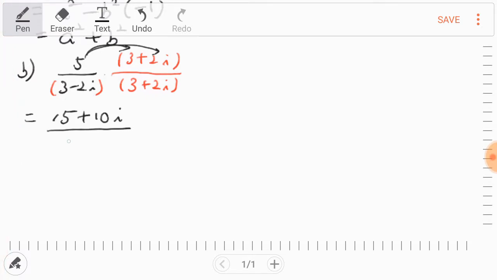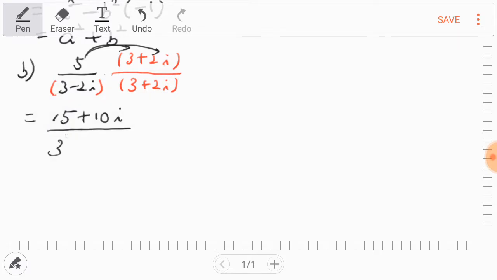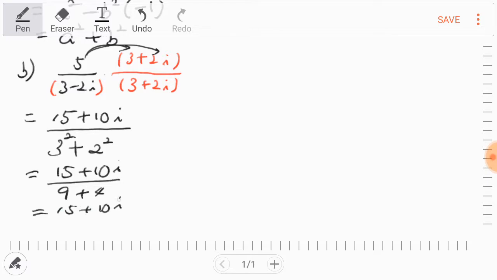So this will be 3 squared plus 2 squared. Then 15 plus 10i over 9 plus 4 equals 15 plus 10i over 13.